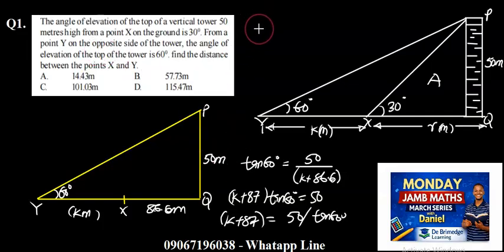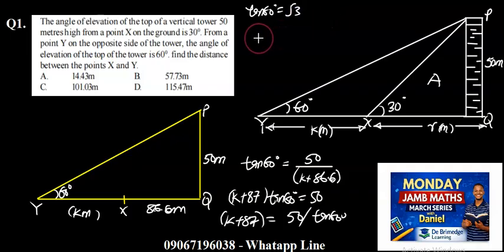Let's take this up here: 50 over tan 60. Take note that tan 60 degrees is going to give us root 3.